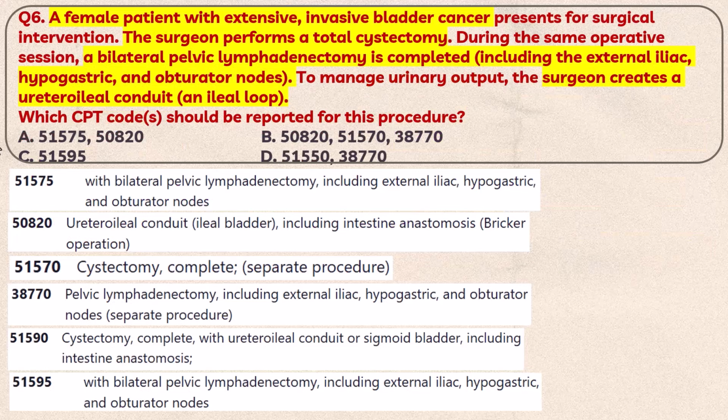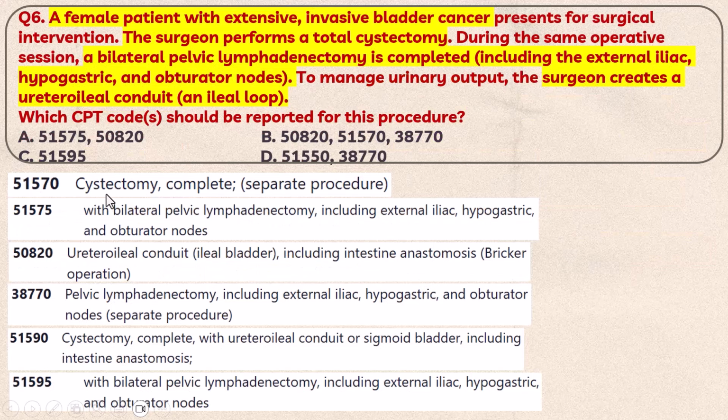So when you go to the code, 51570 is cystectomy complete, separate procedure. So that is one part included there. 51575 is with bilateral pelvic lymphadenectomy, including external iliac, hypogastric, and obturator nodes. So parts of the procedure are included in both codes. One is for the cystectomy, removal of bladder. Other is pelvic lymphadenectomy, removal of lymph nodes.